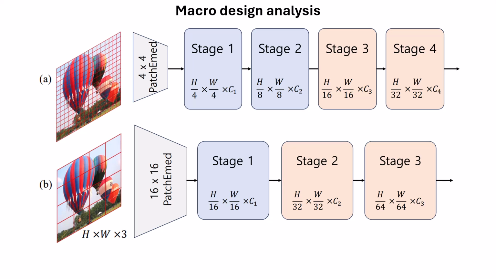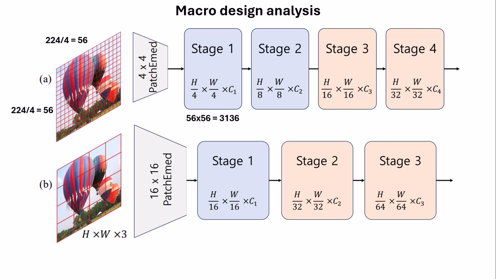Because let's say the input image has a size of 224 by 224. If I patchify it by 4x4 patches, that means I have 56 tokens on the height and 56 tokens on the width. And if I multiply them together, I have around 3000 tokens.